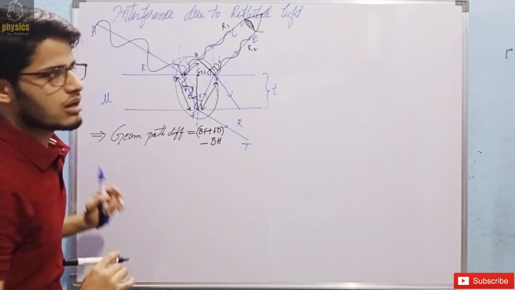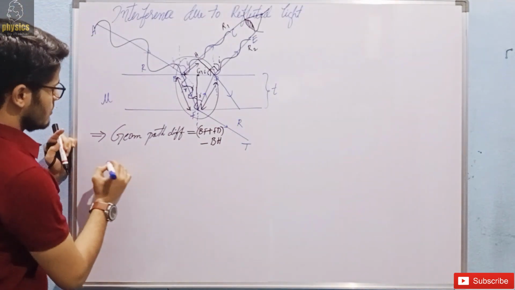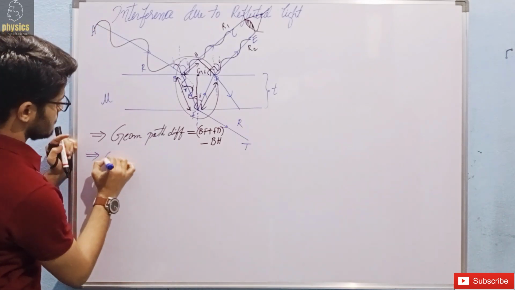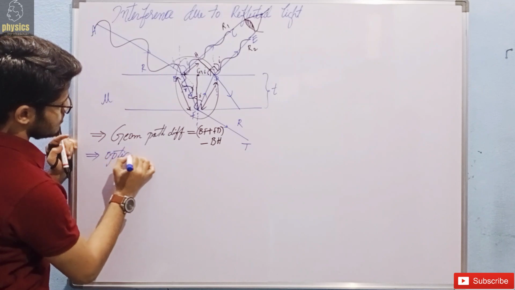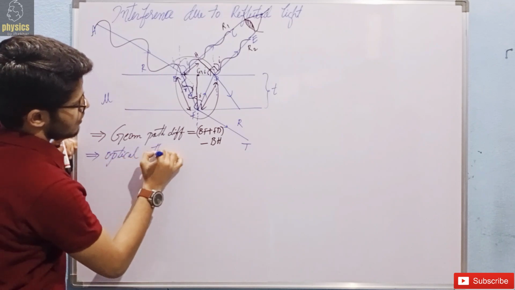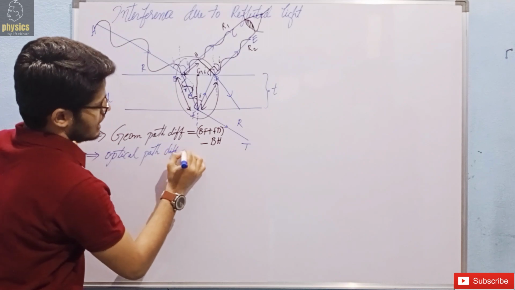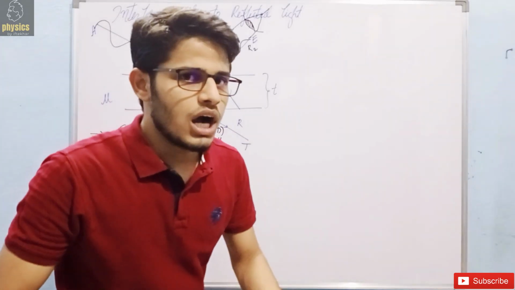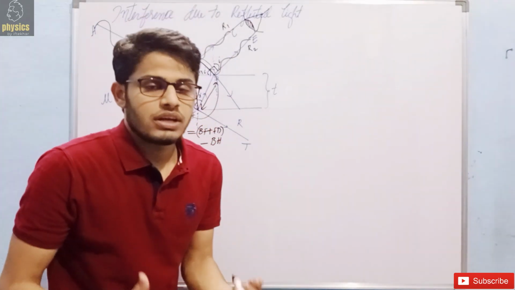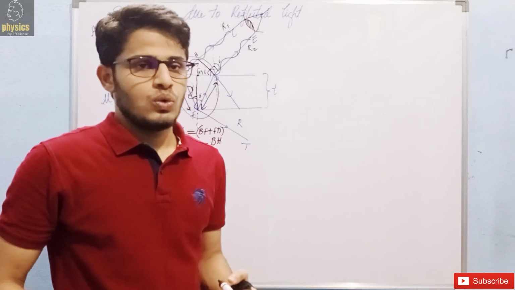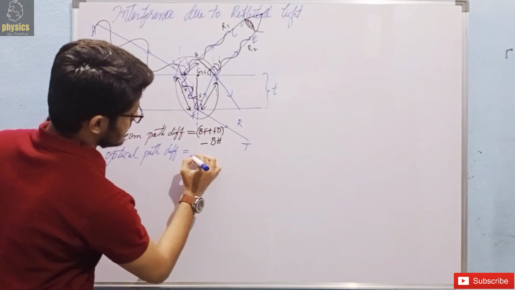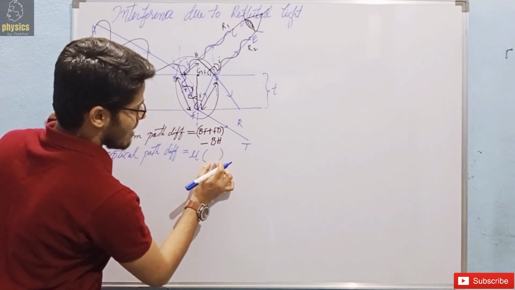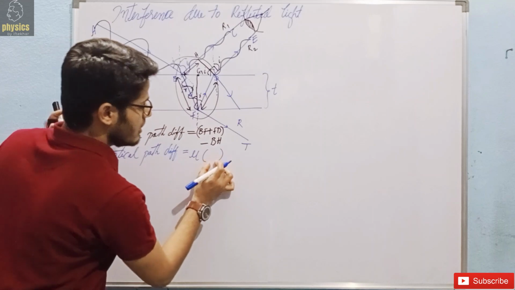This is the geometrical path difference. The optical path difference: while considering the optical path difference, in this calculation we will take into account the medium also, the refractive index of the medium. So here we will multiply the refractive index of the medium with the distance traveled by the light in that medium.